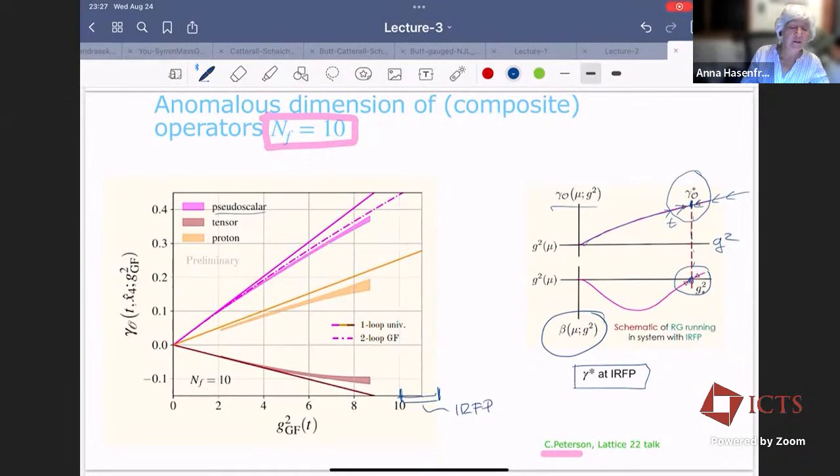The anomalous dimension does not go out that far, but it would be hard to imagine that this curve would not just continue pretty much straight, because that's what it has been doing. So it seems that the anomalous dimensions are totally insensitive to non-perturbative effects, which is quite different from the beta function that showed a very different behavior.